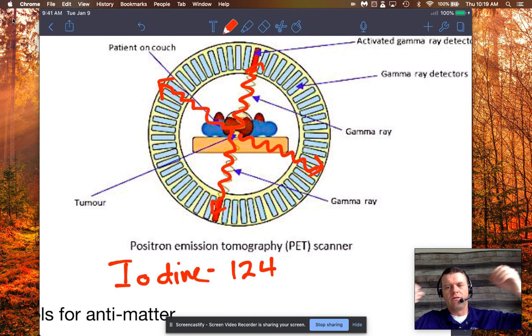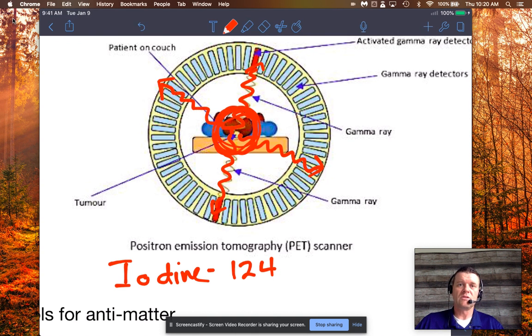If one photon goes this way, then the other one goes in exactly the opposite direction. And a computer detects all of this and then just works backwards. So with a crazy degree of precision, the computer works backwards and figures out where those annihilations are pinpointing this specific region of the person's body.